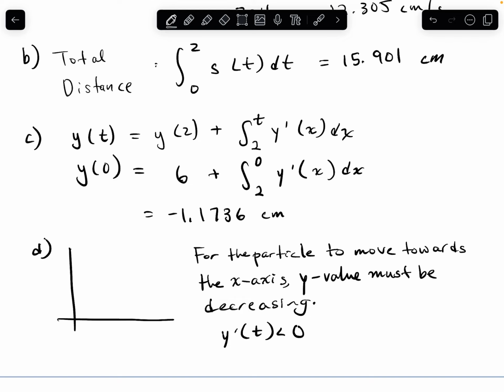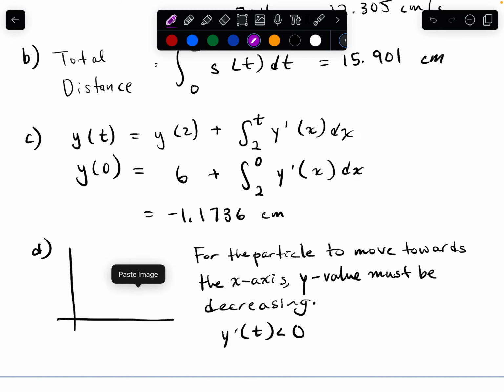We would plug y prime of t into our graphing calculator, and I'll do this in a separate color so as not to confuse it with what I had previously. If I graph y prime of t, looking just at the interval from 2 to 8, we see that y prime of t is going to cross the x-axis at this point right over here, which would be about 5.2218.